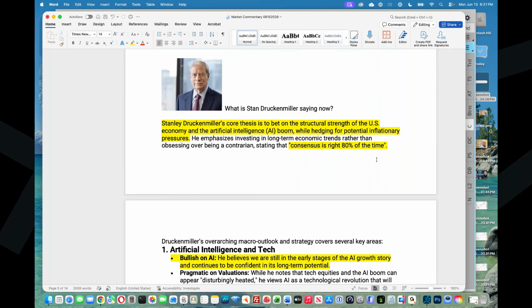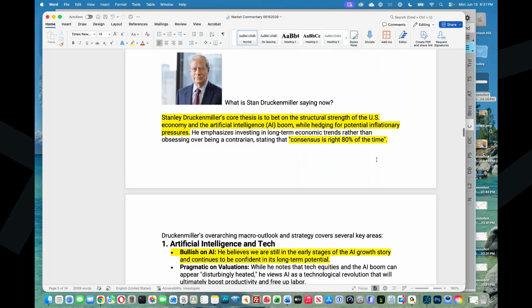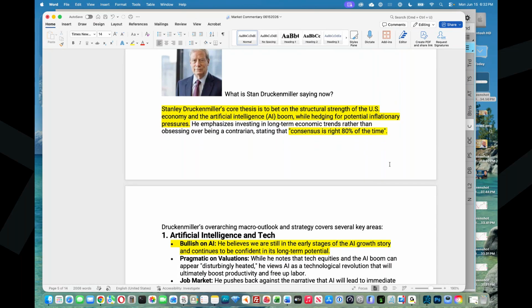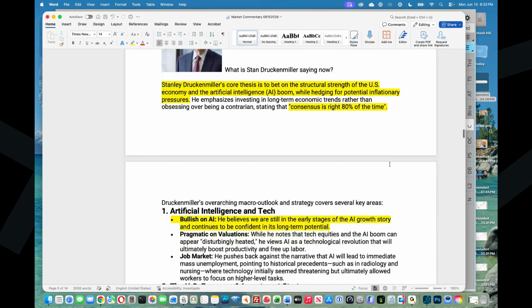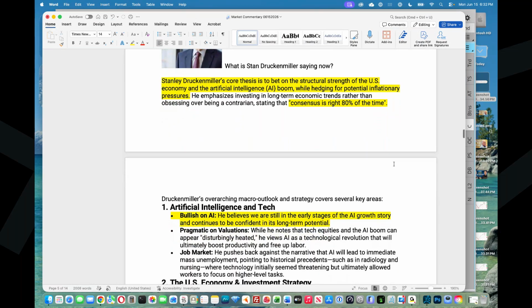So Druckenmiller, before he left Soros, was during the dot-com bubble, and he was kind of late to the party, and they took a bit of a bite when the dot-com bubble collapsed. Druckenmiller said it was so stressful at that time being with Soros and having to manage all the stuff. He was like, I'm done. And so he went off and did his own family thing, and that's what he does now.